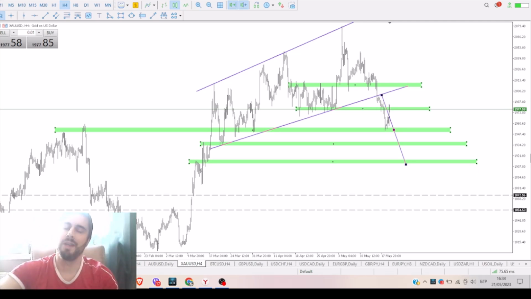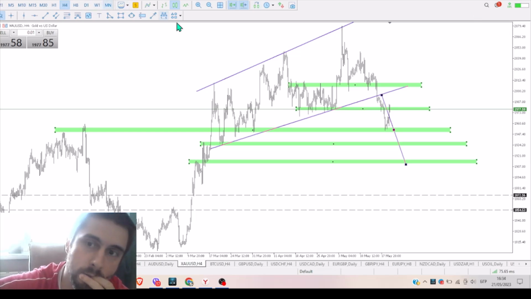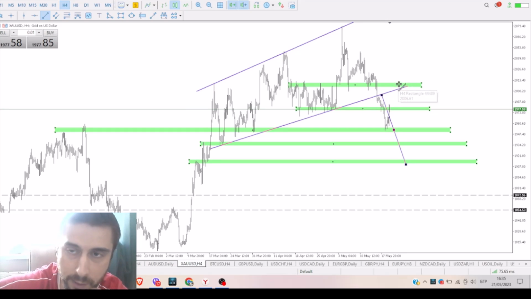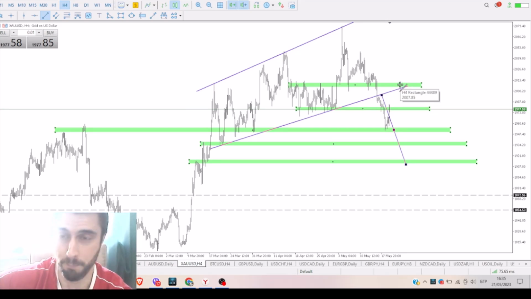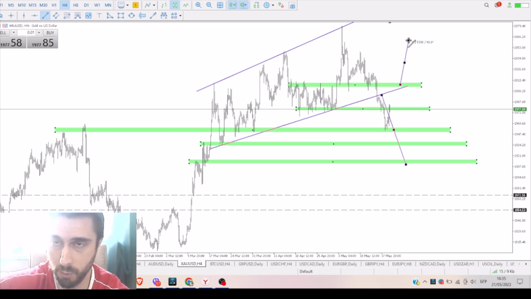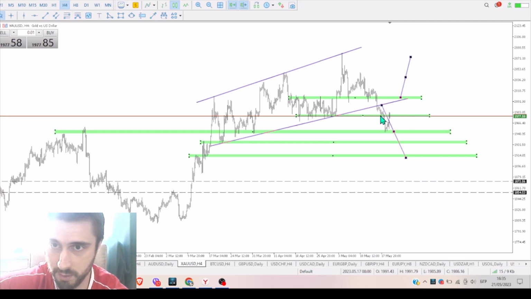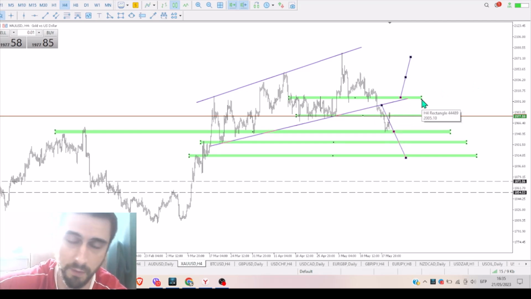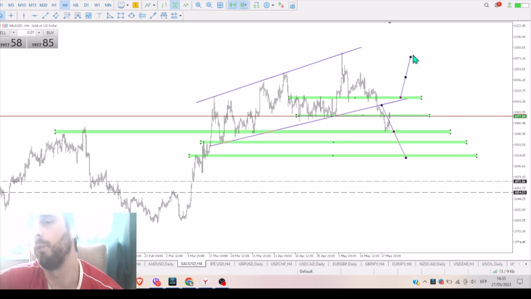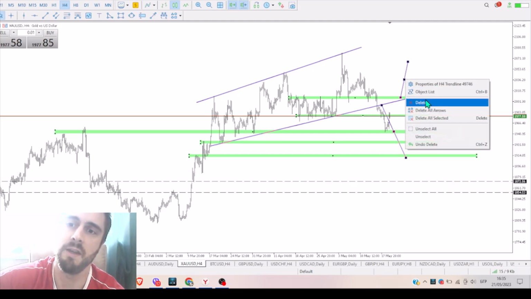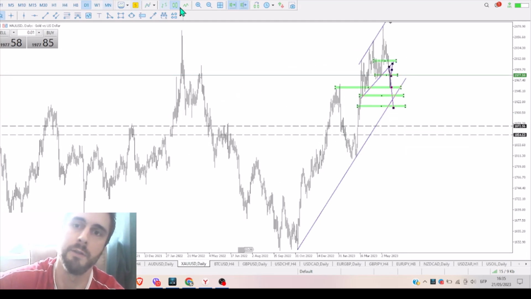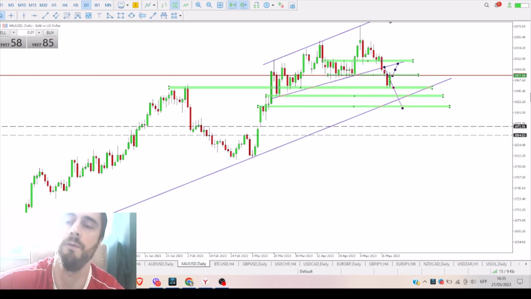So that's it for gold, guys. If it goes bullish, we have to watch closely this area right here, because if it breaks bullish, then we have a reason to go back bullish, because all this breakout would be some kind of false breakout, and we would test these previous highs, something that I doubt after the recent sell-off on gold.